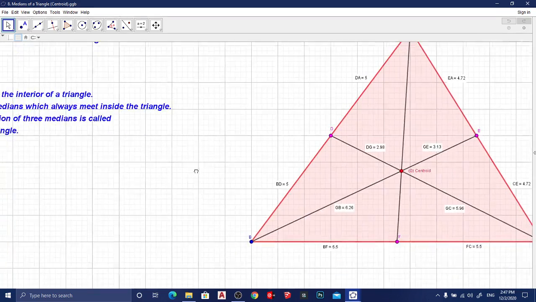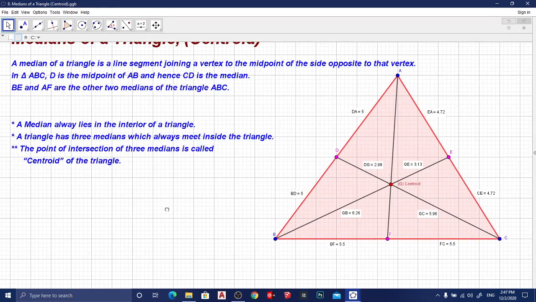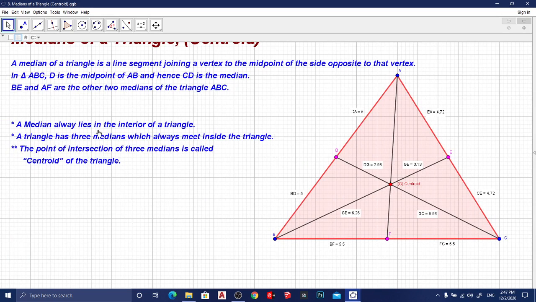Now we will learn some extra properties. A median always lies in the interior of the triangle only. This median line always exists in the interior of the triangle. It will not go to the outside. Observe here, all three medians are lying in the interior of the triangle.